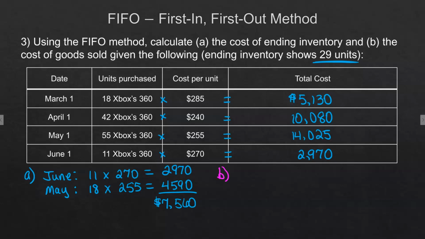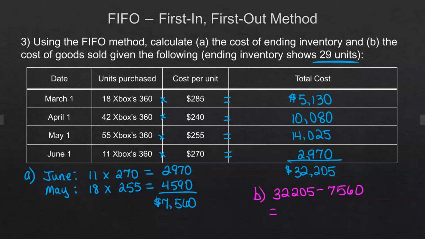And then my cost of goods sold is going to be my total. Oh, I didn't write my total on here. I'm going to have to scoot that down. I actually did have the total on my other slides, 32,205. So part B will be the 32,205 minus my 7,560.